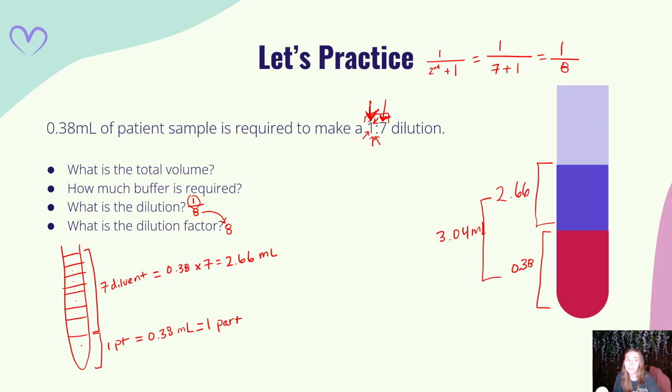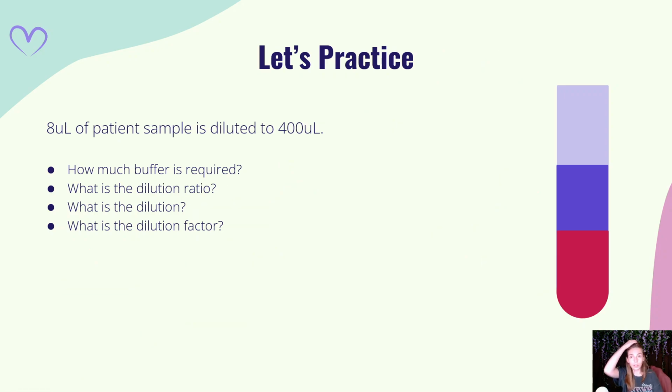My thing that generated this was saying that this is going to equal 3. That's why I was taking a second to be like, it's not right, but it's fine. It's off by just the teeniest amount. So the total volume would be 3.04 milliliters. The buffer amount required would be our diluent amount, so 2.66 milliliters. Cool? Sorry, I know that got a little bit hectic for just a second there, but we're good. All right, let's do another one.